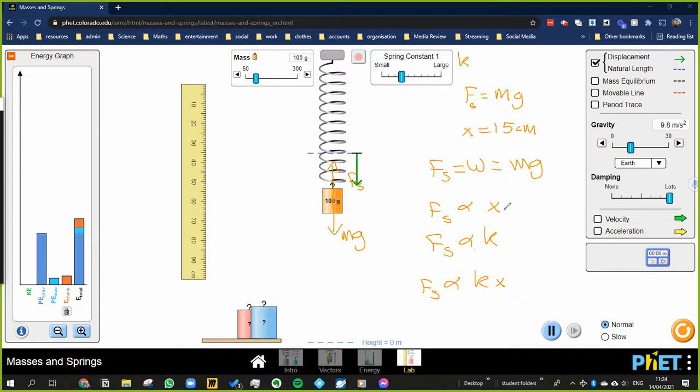There's a little bit of maths that I won't go too much into there, but when that's proportional to that and that's proportional to that, then I can say that it's proportional to both of them multiplied together. And it just so happens that the constant relating this in terms of proportionality is 1. In other words, the force of the spring is equal to kx.